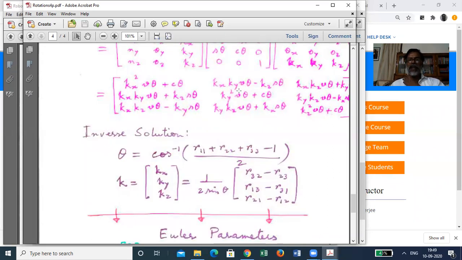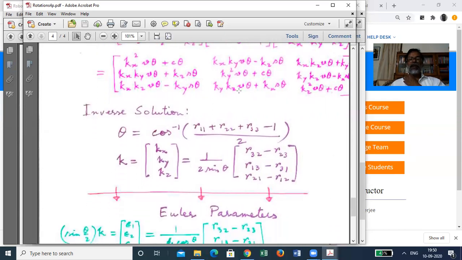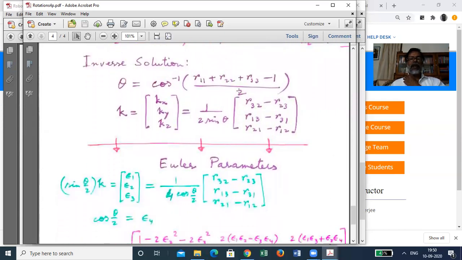This representation has a very direct, straightforward connection with the four parameter notation, Euler parameters. You see, this sin theta, if you break down as twice sin theta by 2 cos theta by 2, then you get a 4 here, sin theta by 2 and cos theta by 2.